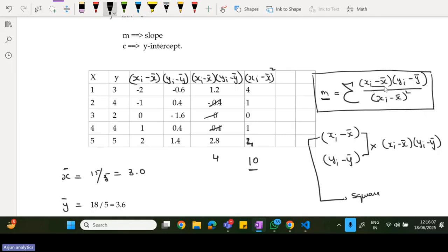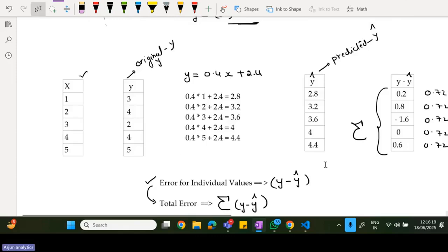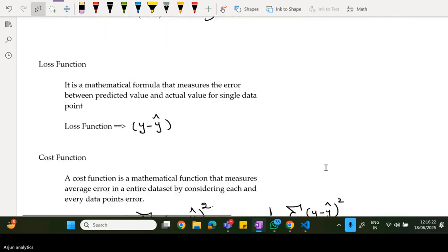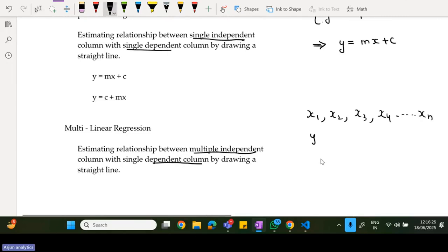Slope is dependent on the x as well as y. So if there is a change in the x, there is a change in the slope. So here my slope will become m1, m2, m3, and so on till mn.